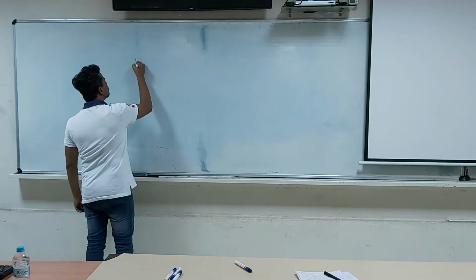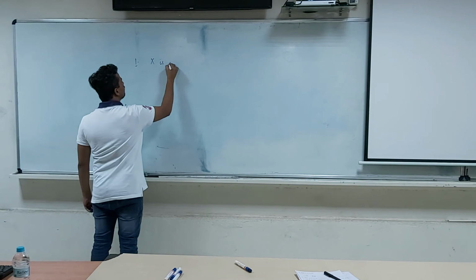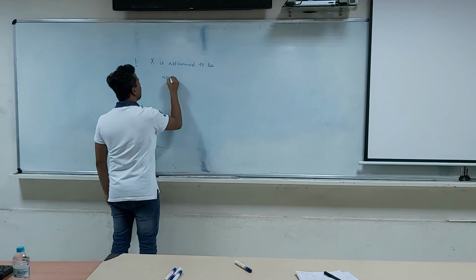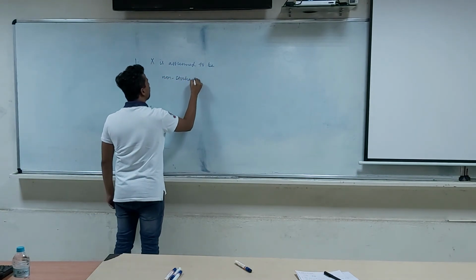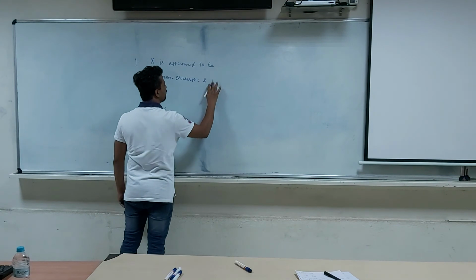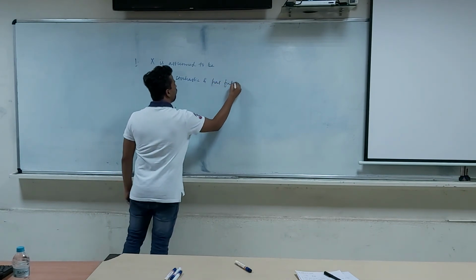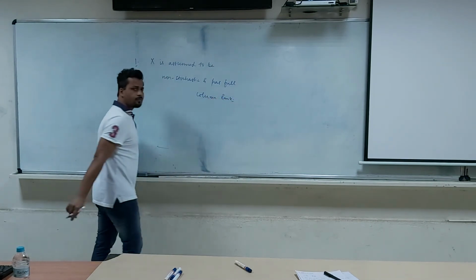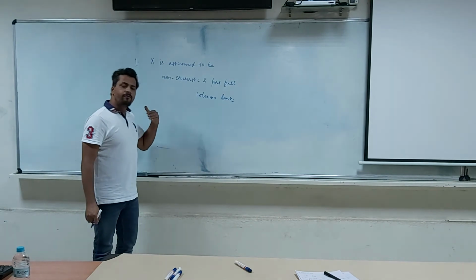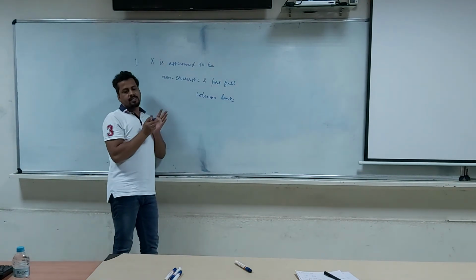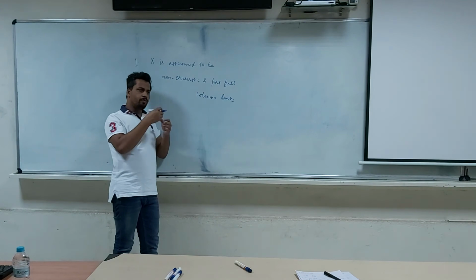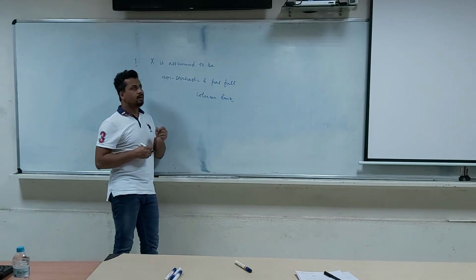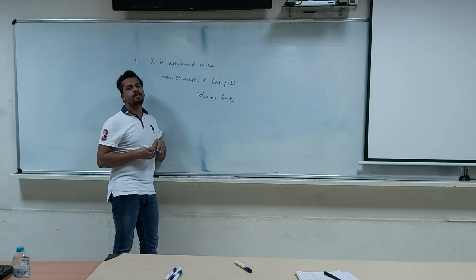So the first assumption is that X is assumed to be non-stochastic and has full column rank. What it means is, once we find our estimator and then go for inference, that is, we try to infer certain things from those estimators, inference procedures depend on the sample values that you have taken.